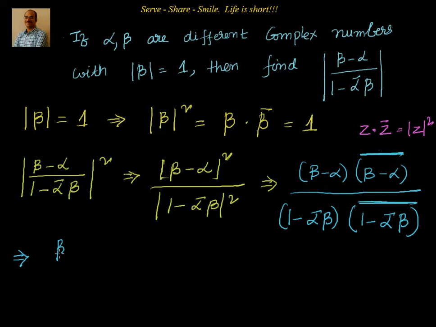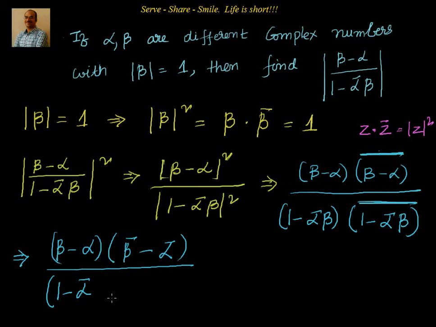So it will be beta minus alpha, multiplied by conjugate of beta minus conjugate of alpha. That comes from the property that conjugate of z1 minus z2 is equal to conjugate of z1 minus conjugate of z2. Divided by 1 minus alpha conjugate into beta, and here 1 minus alpha into beta conjugate, because we want the conjugate.